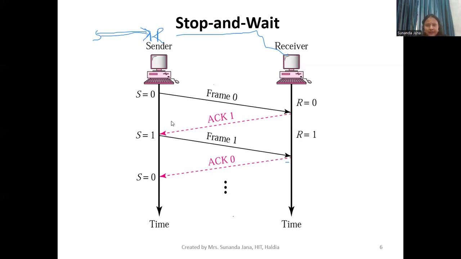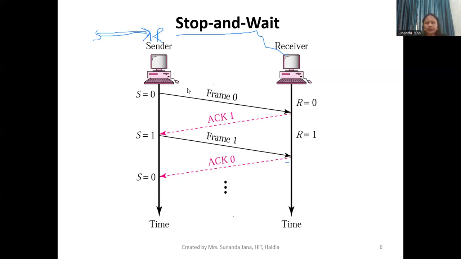After receiving the frame, it will send the acknowledgement. As it has received frame 0, it sends acknowledgement 1, telling the sender that it has received frame 0 and the next frame to send is frame 1. This is the normal operation of how stop and wait ARQ works.